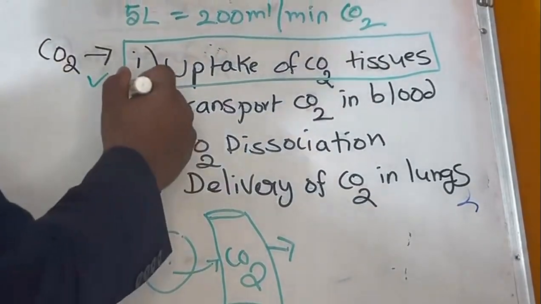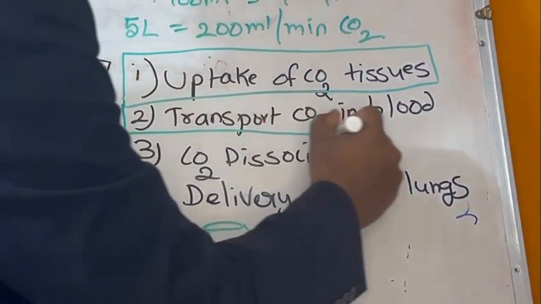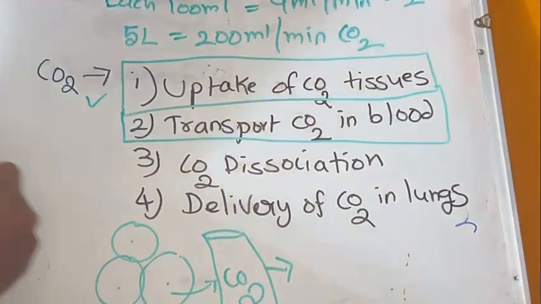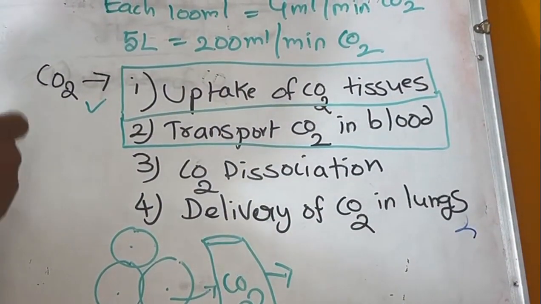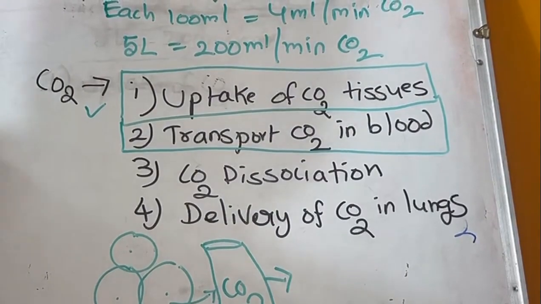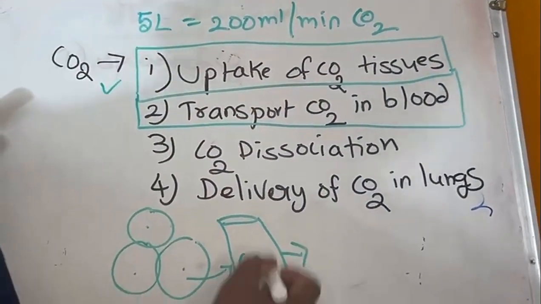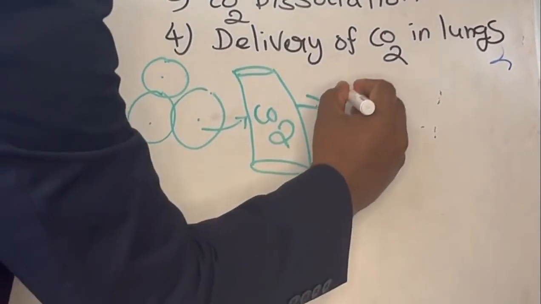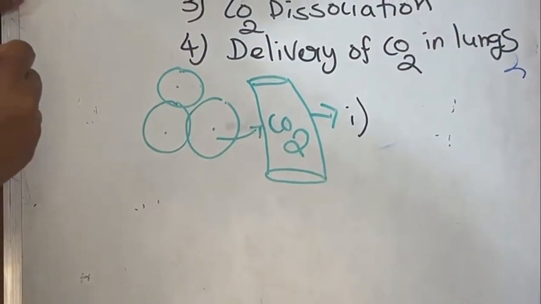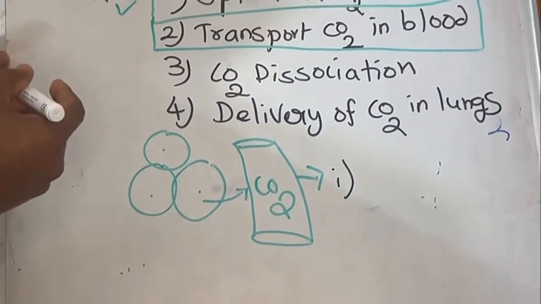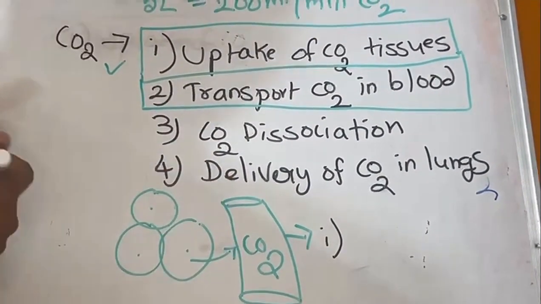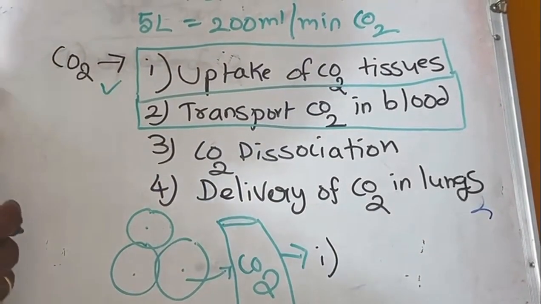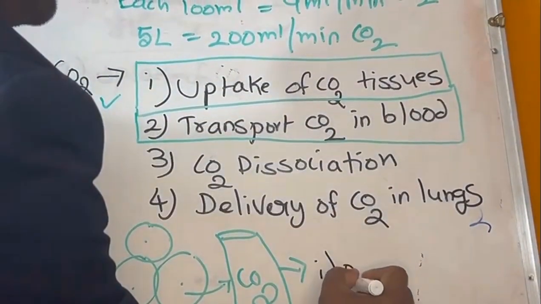Now coming to the second one, transport of carbon dioxide in the blood. The transport of carbon dioxide in the blood occurs by 3 mechanisms, and I want to make it very simple. One is called dissolved form.